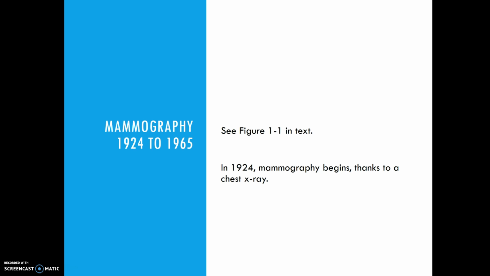And what this is, it's showing you a PA chest X-ray that some radiologists were looking at back in 1924, and they noticed that they could see the soft tissue of the female breasts in this image, and it got one radiologist in particular thinking, we could come up with a way to image the breast as a diagnostic tool.